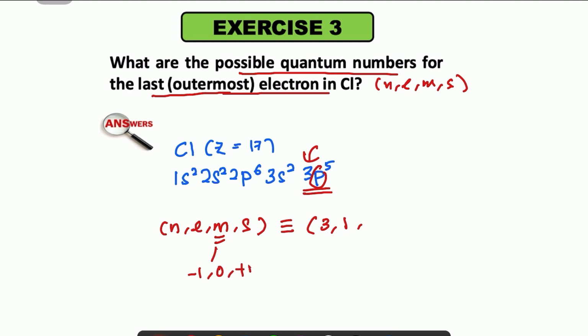You can take any of these numbers. For example, I take +1, and then the spin, either -½ or +½. So I use +½. So this is how you write the set of quantum numbers, or in other words, the address of the electron.